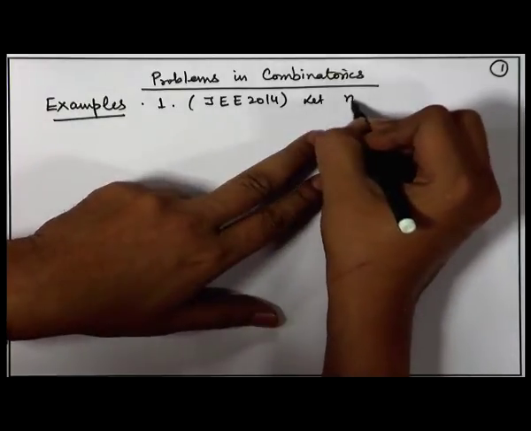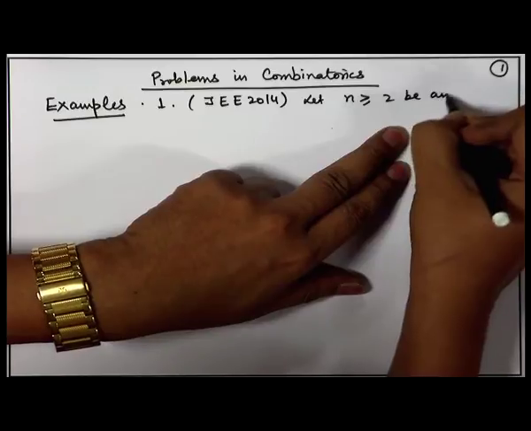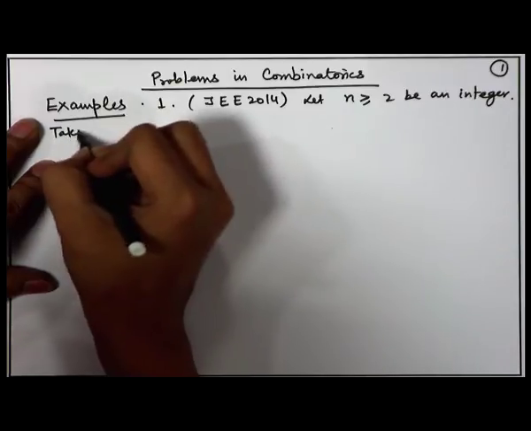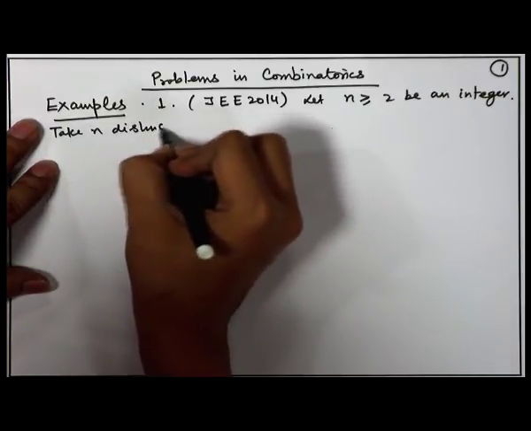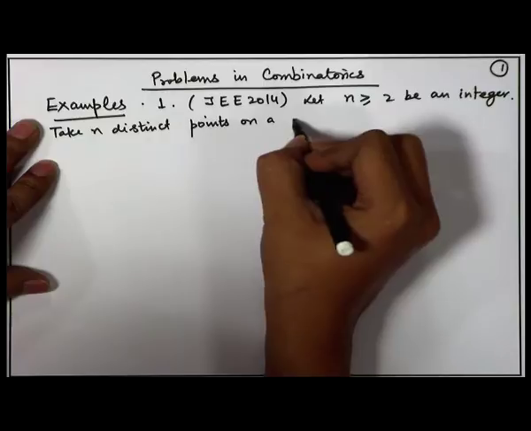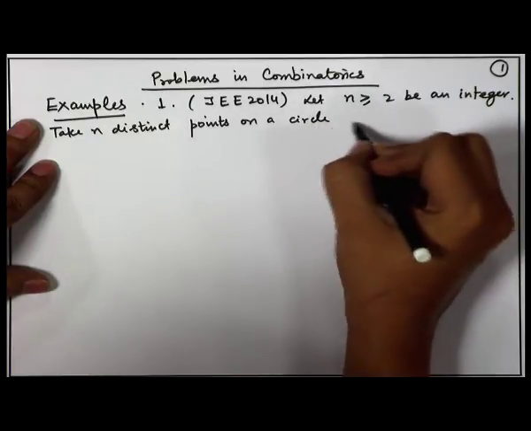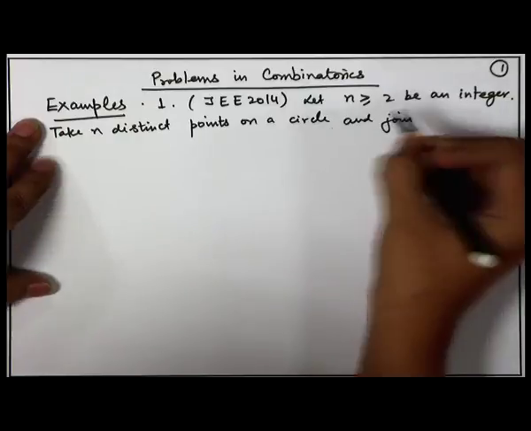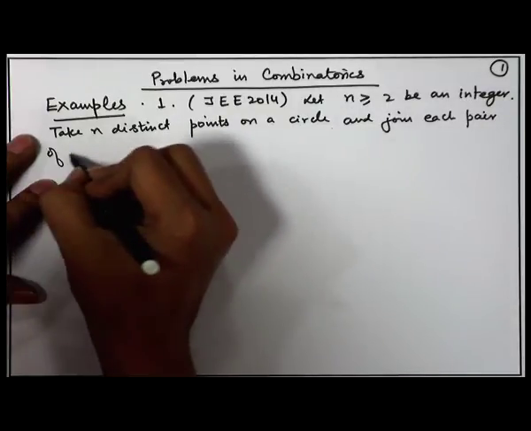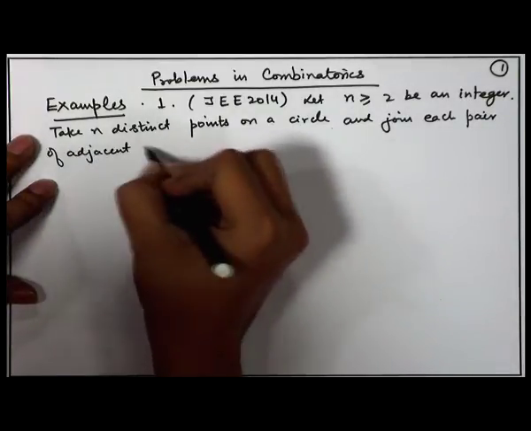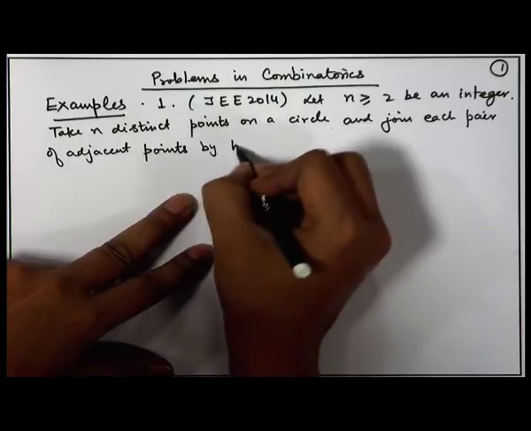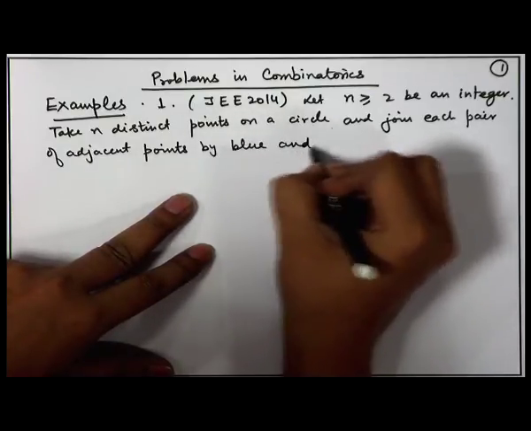So, let n be an integer. Take n distinct points on a circle and join each pair of adjacent points by blue and the rest by red.